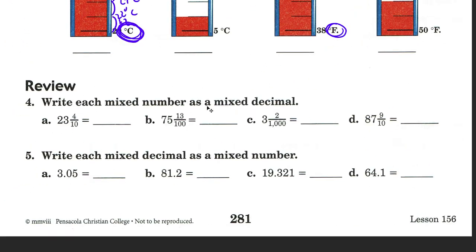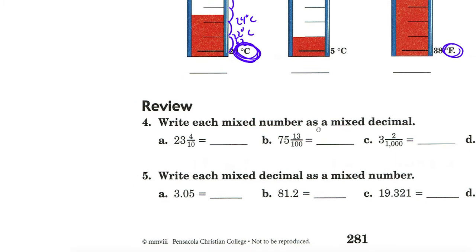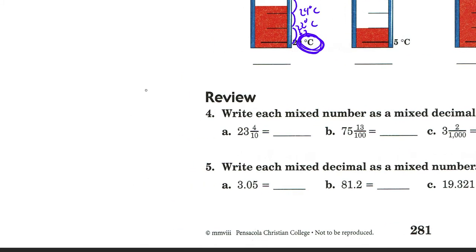Write each mixed number as a mixed decimal. So to write 23 and 4 tenths as a mixed decimal, let's do an example question here: 22 and 2 tenths. So I'm not sure if you guys remember this trick I taught you. 22 is our whole number, so 22 decimal point, and this is 2 tenths. One trick you can use is just look at how many zeros there are in my denominator.